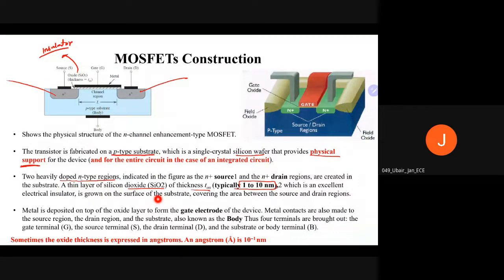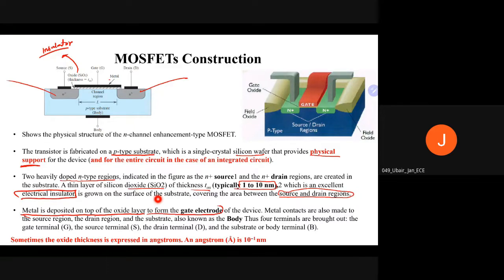That is why they have input impedance very high. इनकी जो input impedance है इसी वजह से ज़्यादा होती है. So which is an excellent electrical insulator, is grown on the surface of the substrate, covering the area between source and drain regions. Okay. So I'm discussing the construction of this MOSFET. Metal is deposited on the top of the oxide layer to form the gate electrode.